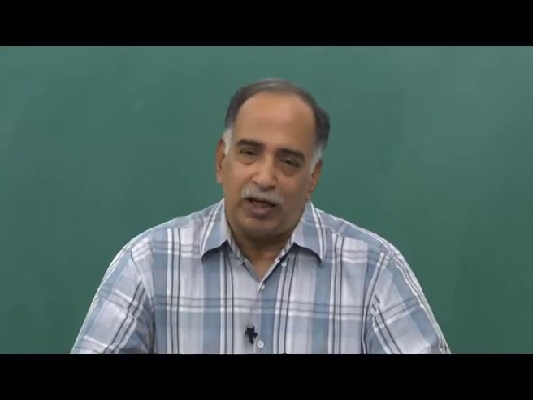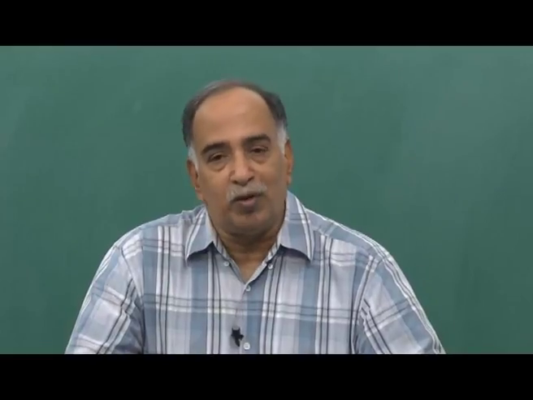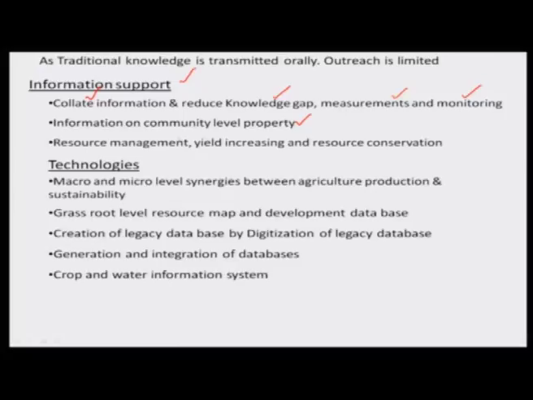The maintenance of that type of record is one among the major issues in community-level property-related issues. Then there is resource management: natural resources and human resources. Natural resources are there, and they have reduced or have not increased.